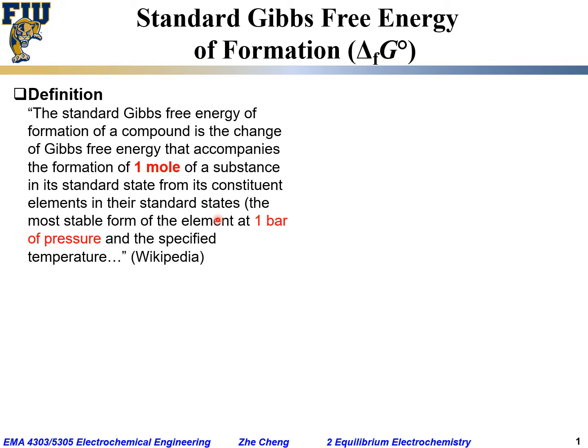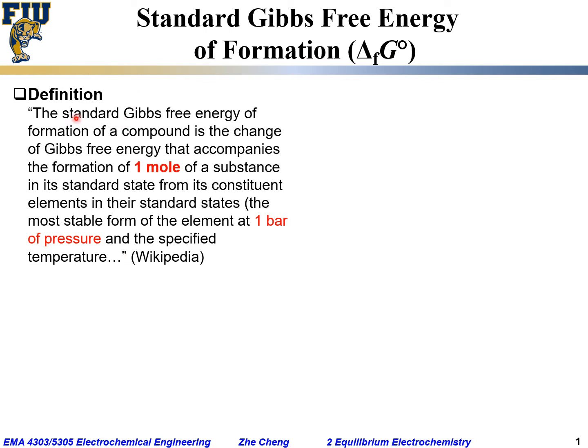Water at room temperature will take the form of liquid water at 1 bar of pressure and a specified temperature. So you may have different standard Gibbs free energy of formation at different temperatures, and quite often we use 25 degrees C, but you could have numbers for different temperatures.